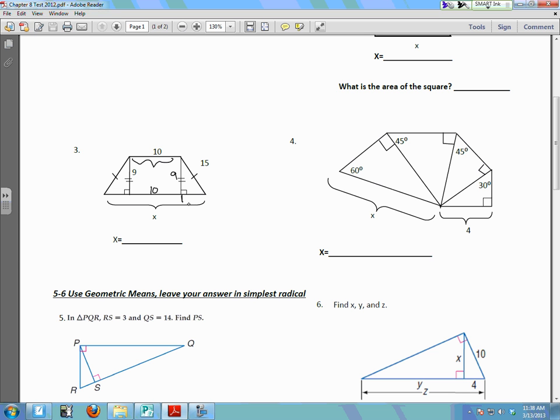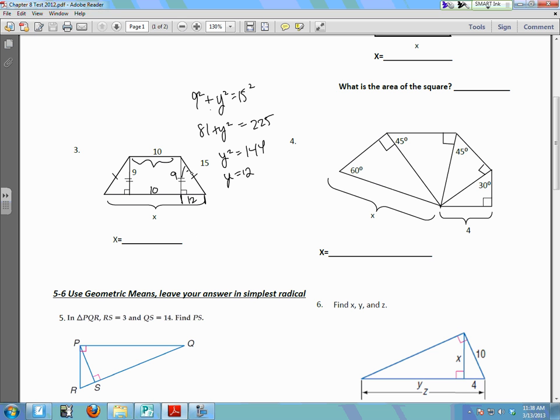I need to know what this little distance right there is. So I'm going to take that triangle, we'll call that y. So I'll say 9 squared plus y squared should equal 15 squared. 9 squared is 81, 15 squared is 225. If I subtract that over, I get y squared is equal to 144. So y is 12. So this little distance right here, from there to there, is 12.